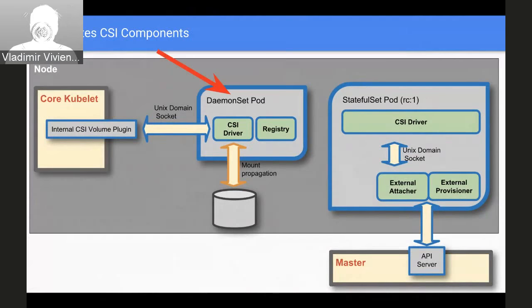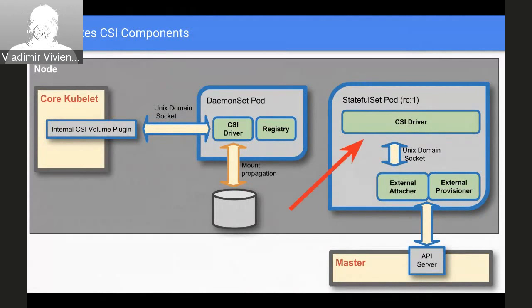One of the pieces we have is a DaemonSet pod that basically provides the registry and the CSI driver. When CSI is deployed on all the nodes that need storage, that pod will be able to service that.